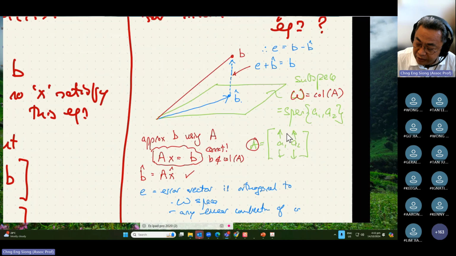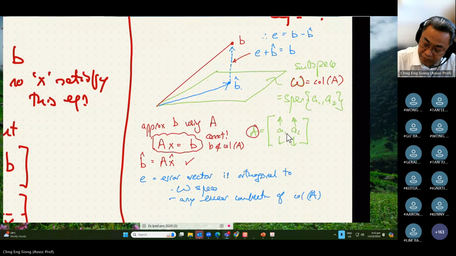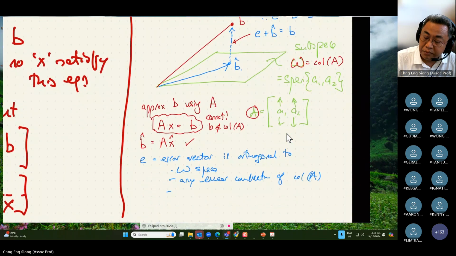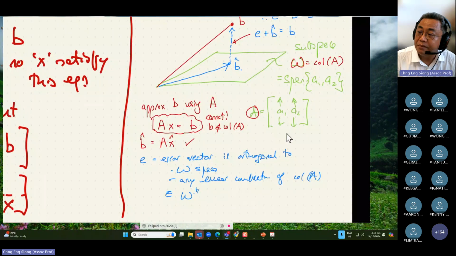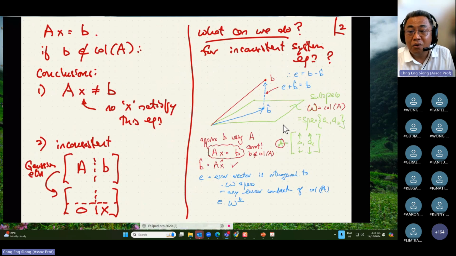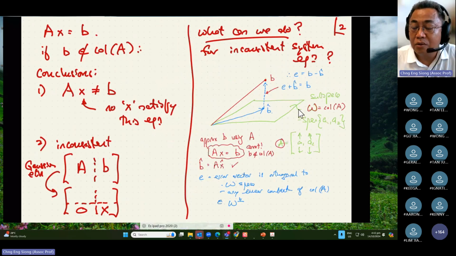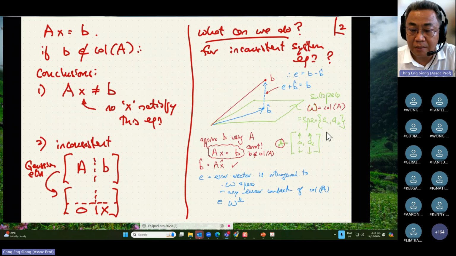Columns of A, right? And we can also say error is an element of W perp. So you see, guys, we're saying a lot of things here. You realize that linear algebra is difficult because it has a lot of terms that can be used interchangeably.